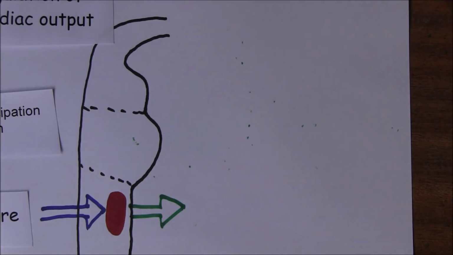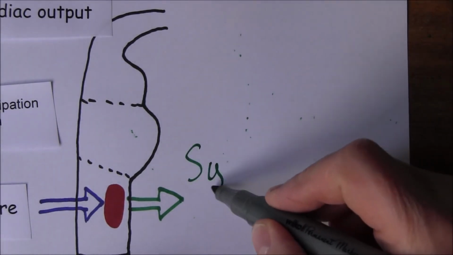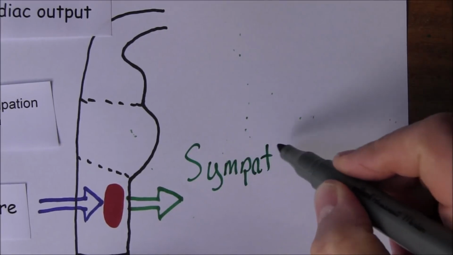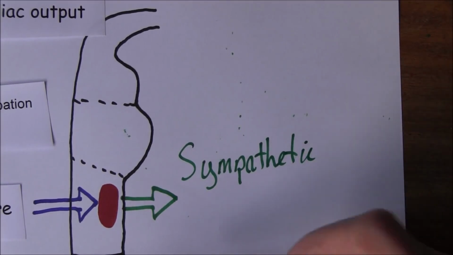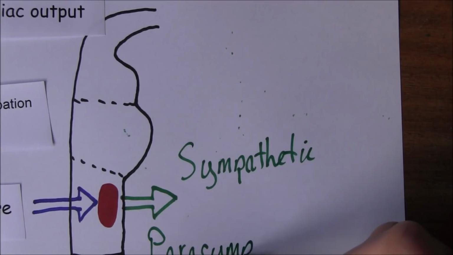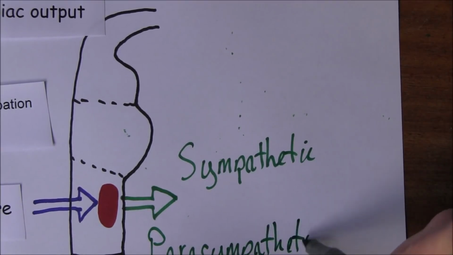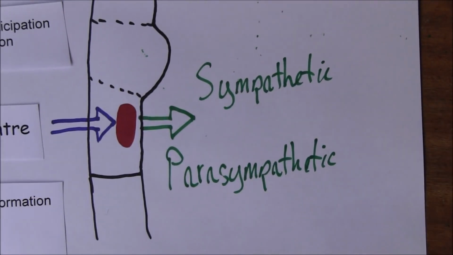So when we need increased activity in the body, there's going to be sympathetic outflow. When we want decreased activity, there's going to be parasympathetic outflow. And these are constantly being kept in balance to maintain the homeostasis of cardiac output, which is going to maintain the homeostasis of all the cells and tissues in the body.